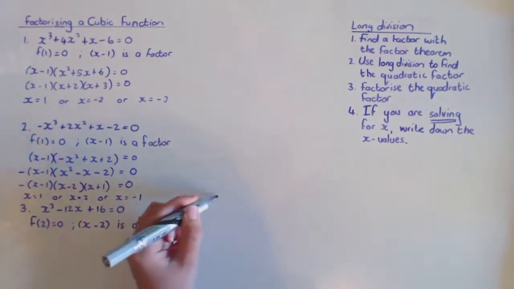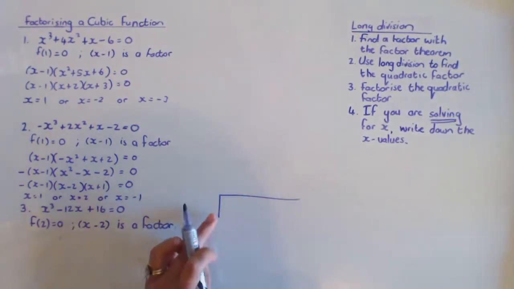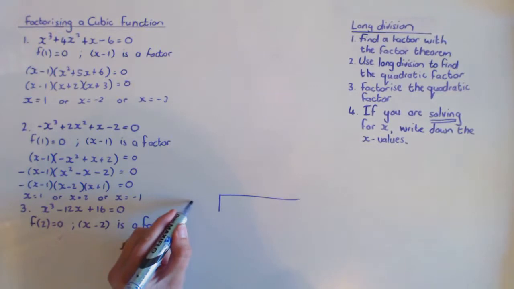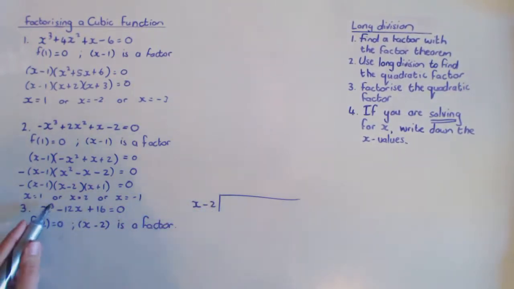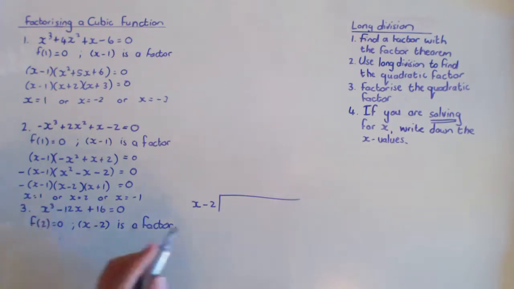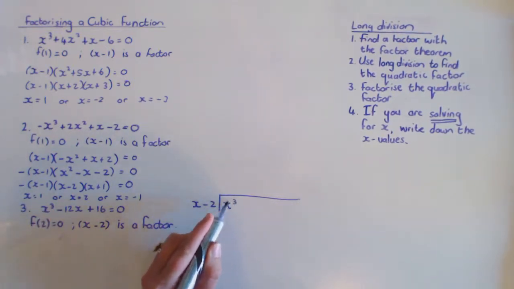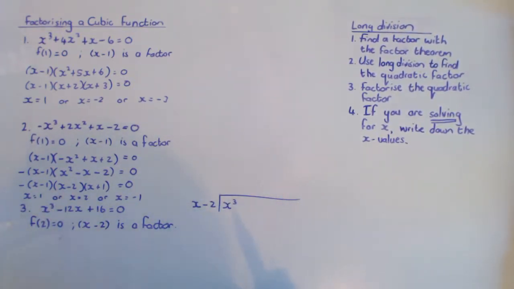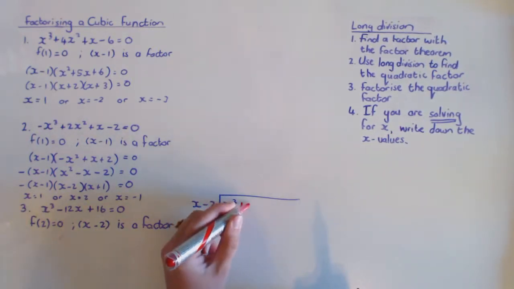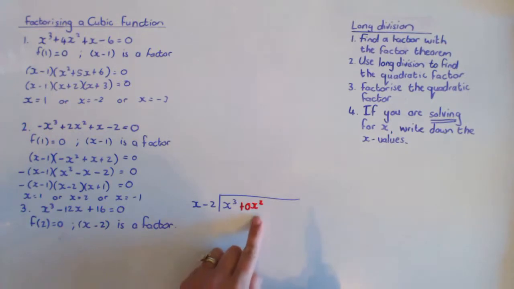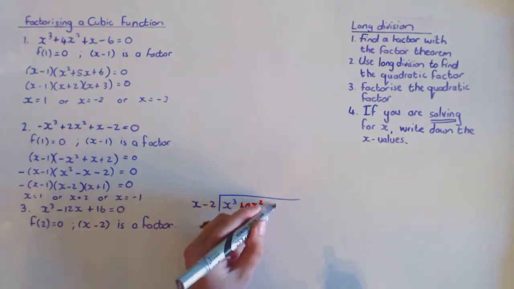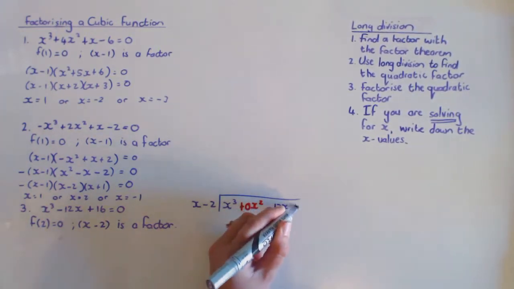Okay, now just before I show you how fast this division can go, I just want to note again that since the x squared value is missing, it's going to mess up the procedure if you don't put in the 0x squared there, minus 12x plus 16.